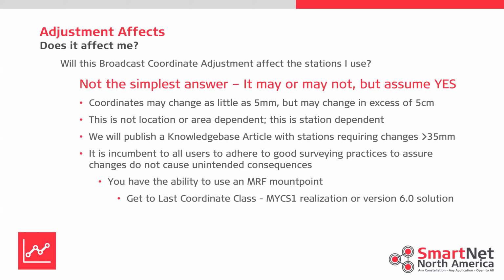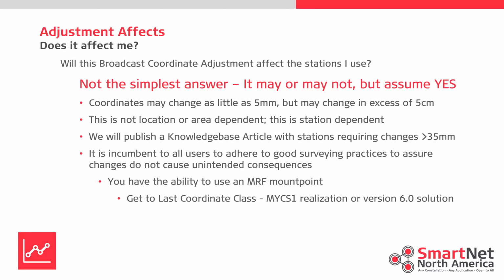Right now, it looks like the running average is about 1.4 centimeters through all the QA and QC that's been done, which is a vast majority of the U.S. so far. Canada, like I said, should be wrapped up tomorrow. I'm not sure what the average delta there is yet, but 1.4 is still relatively small. You will see it, especially if it's a station that's in the 25 millimeter, 35 millimeter world.